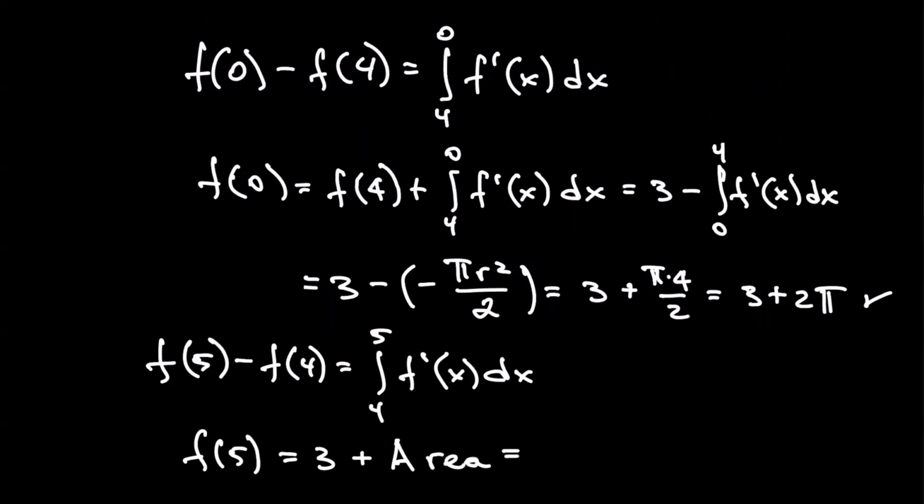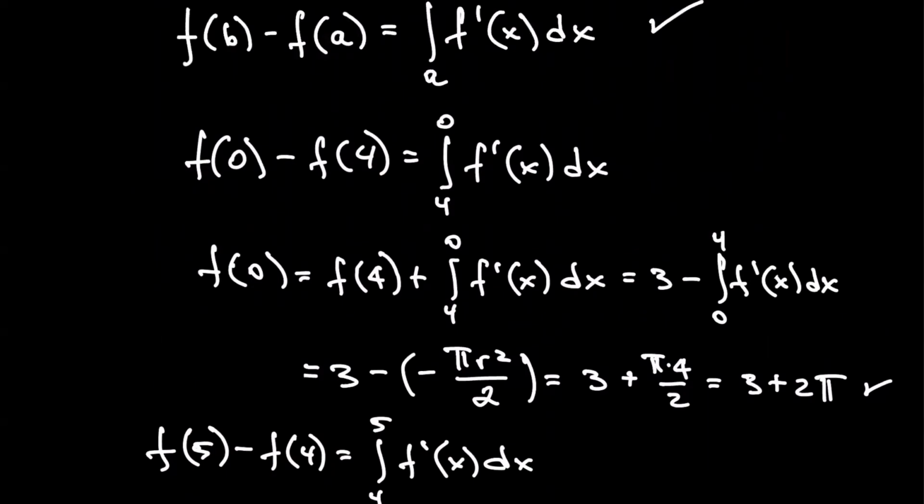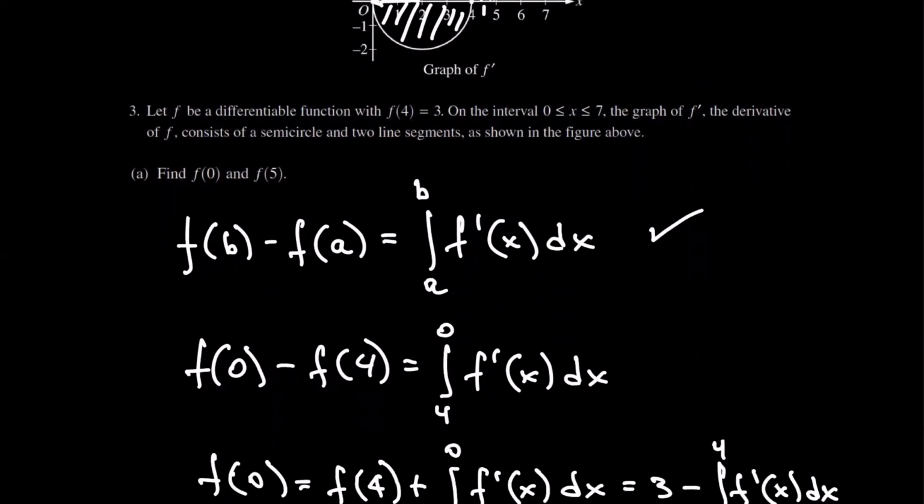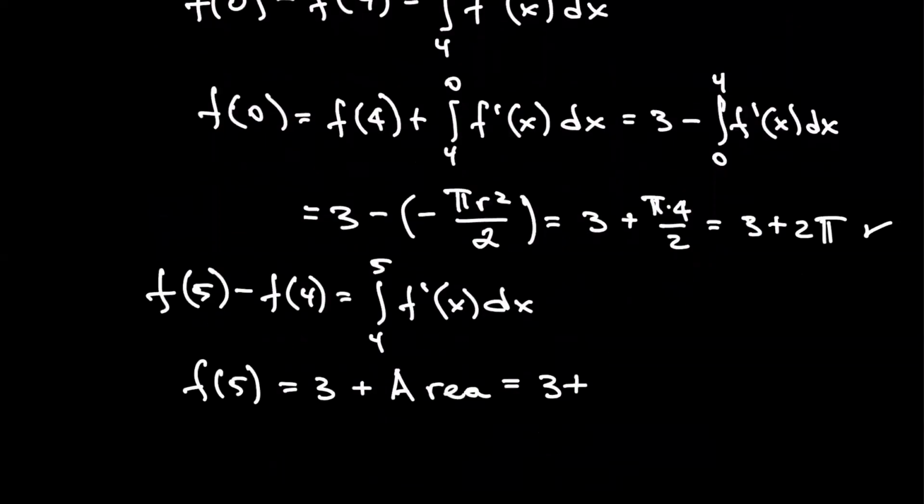Let's look at the graph again. This area is this small triangle here, which has height 1 and base 1. So the area is 1/2 base times height, which is 1/2. In this case, 3 plus 1/2 equals 3 and 1/2. So the function at 5 equals 3.5.